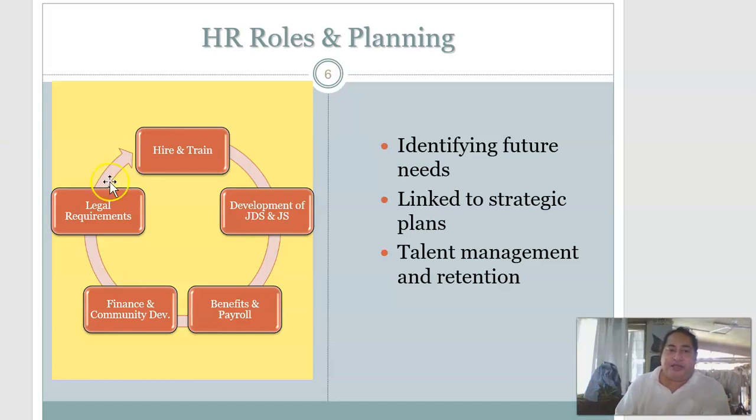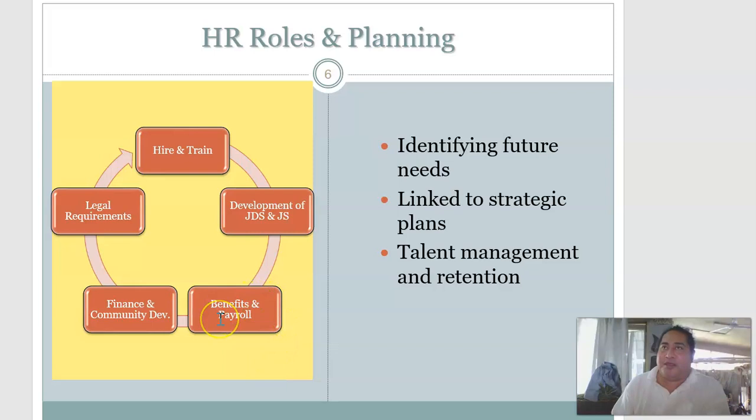So let's look at the cycle. You hire and train the employees. You develop the JD and JS. You write them out, making sure they are clear. Very important. This is one of the things you have found out with your project that you are doing right now. Your job description and job specification must be very specific to your work area. Then we look at the benefits and payroll.